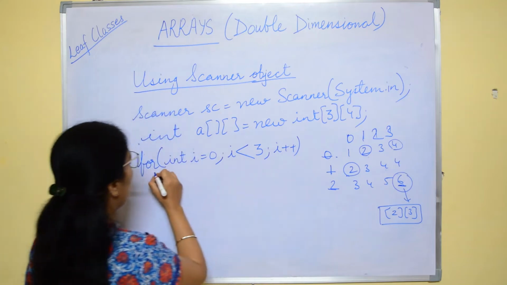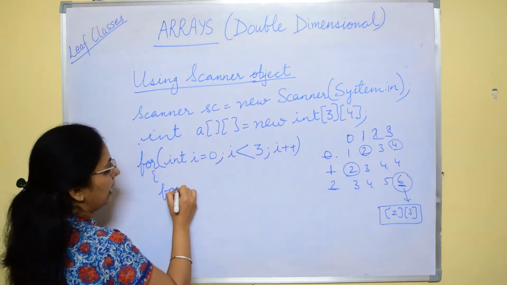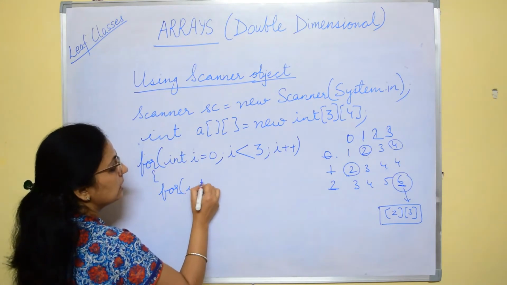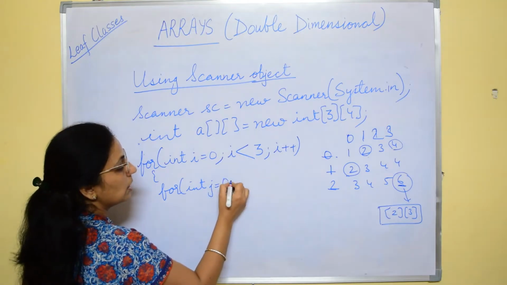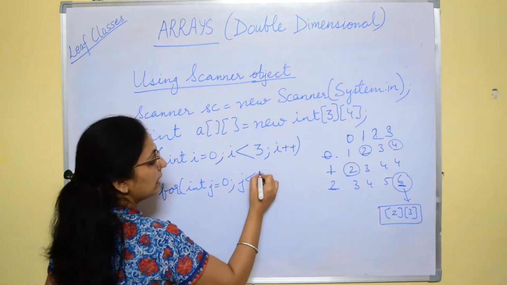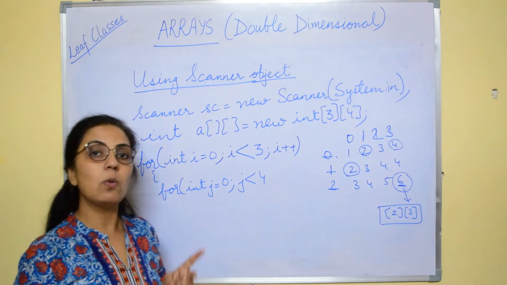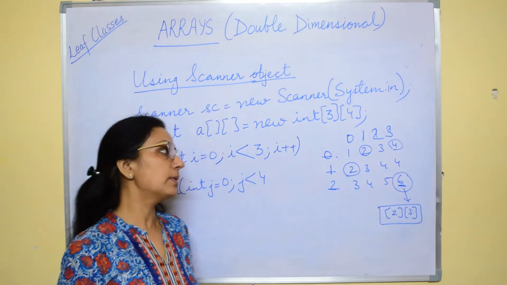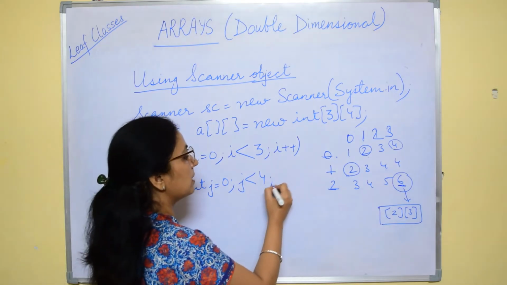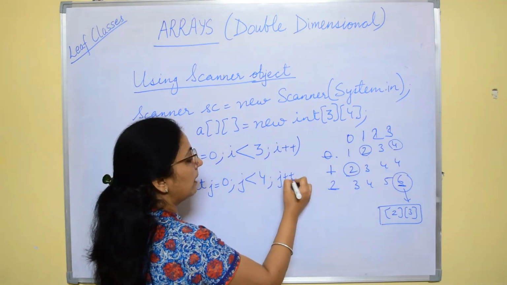Then for columns we will have int j equals to 0, j less than 4. That means 0, 1, 2, 3. 4 times the inner loop will be executed, and j plus plus.